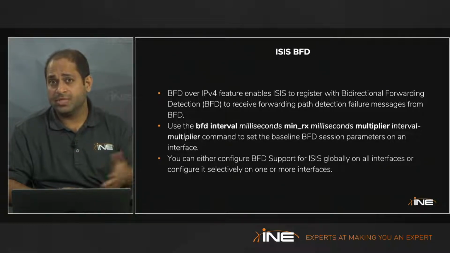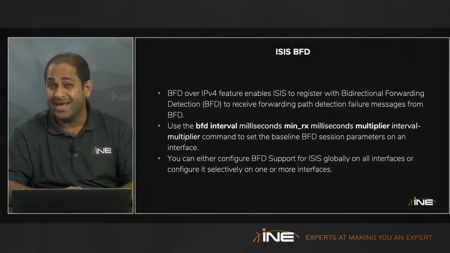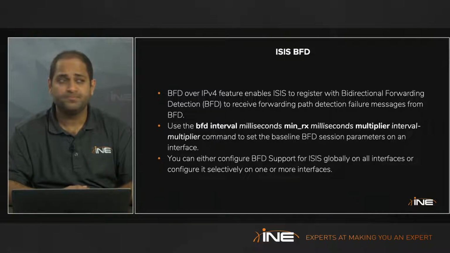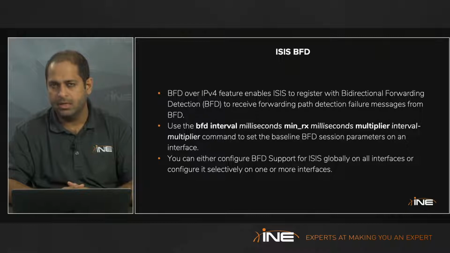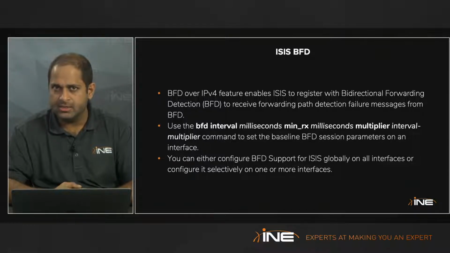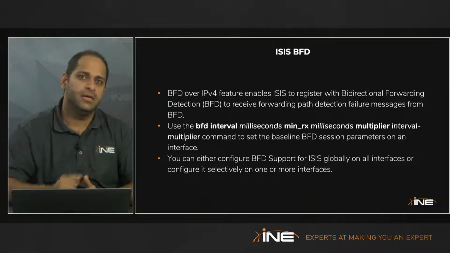Maybe we could change the hello and dead interval on OSPF, which can be as low as 1 second. But the problem is that all these protocols with their inbuilt mechanism for detecting link failures were never designed for sub-second failure detection.